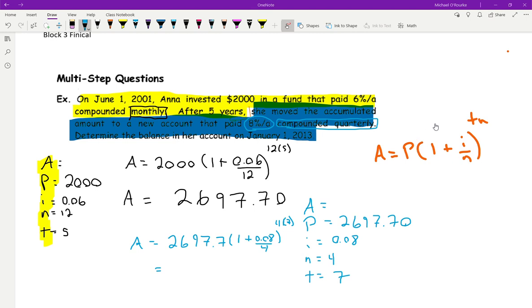Then I go bracket again, 0.06 divided by 12. Close that bracket. Close the next bracket. And then go to the power of 60. You see how I wrote that all together? So you could do that to get the final answer as well.